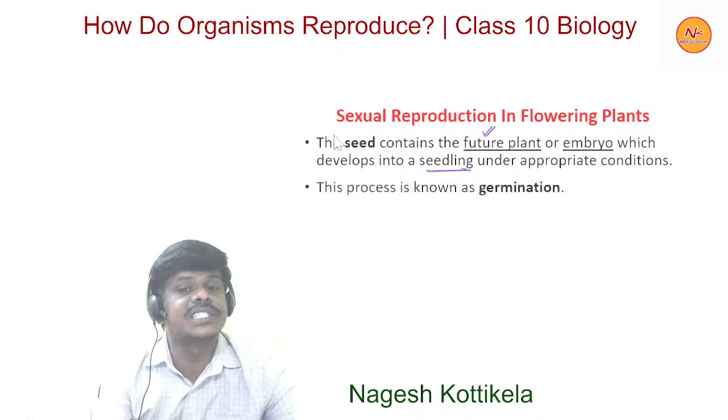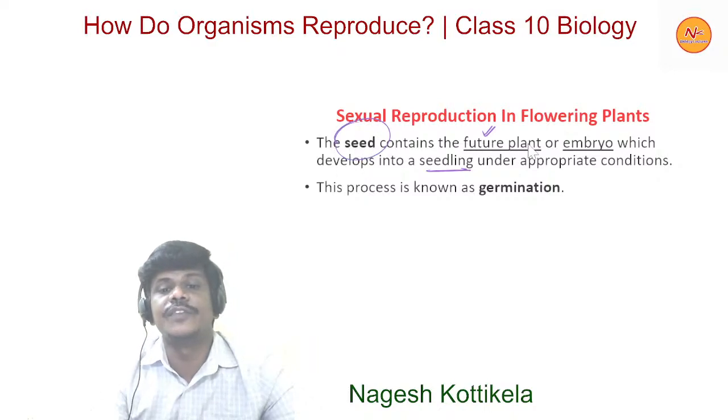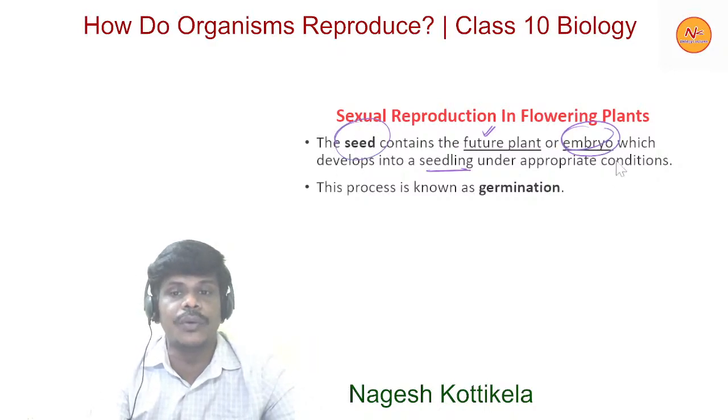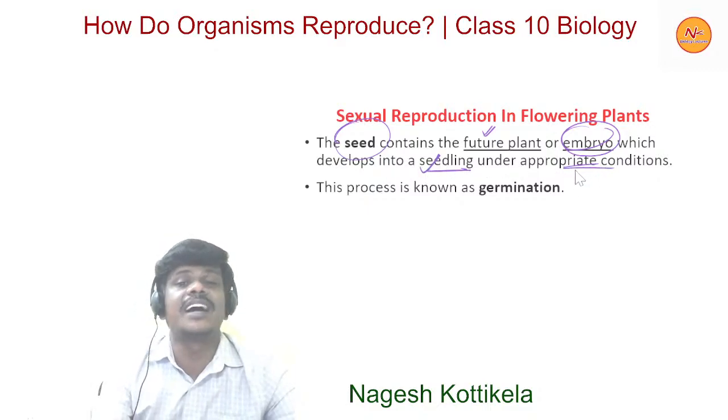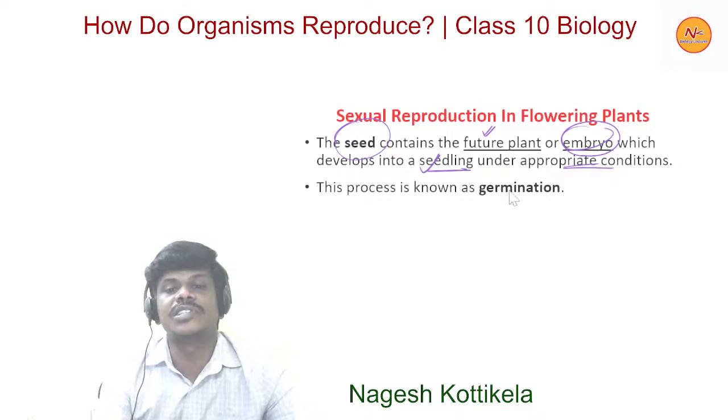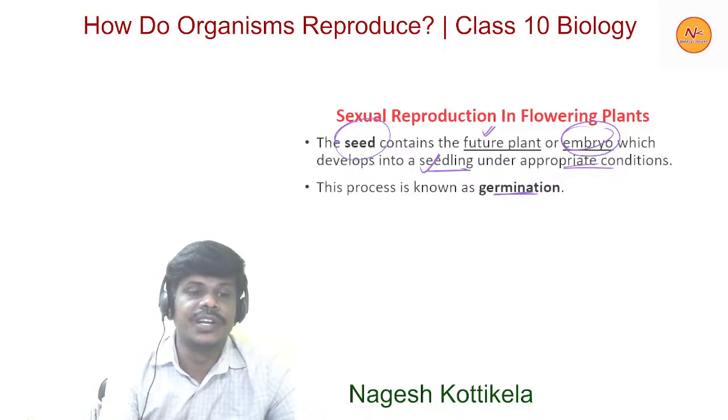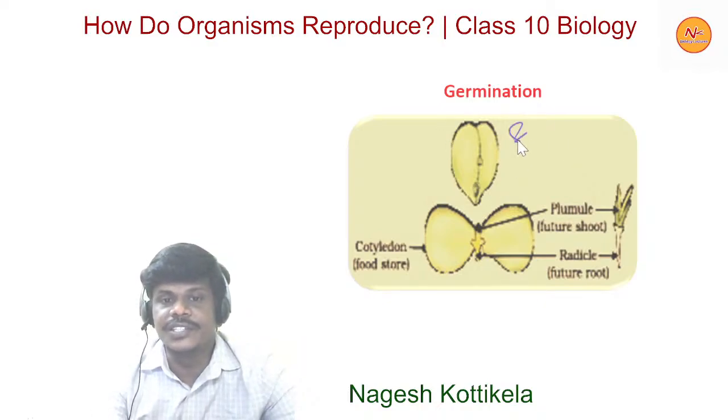I repeat this once again. The seed contains the future plant, or the embryo, which develops into a seedling under appropriate conditions, and this process is known as germination. You can see here, this is a seed.